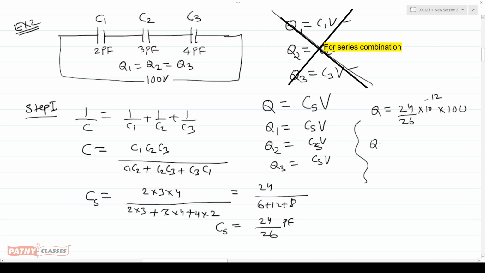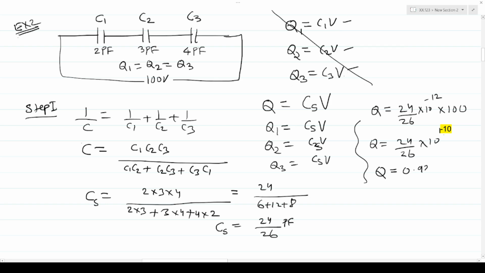So Q equals 24 upon 26 into 10 raised to 10. Therefore, the charge on every capacitor is 0.92 into 10 raised to minus 10 coulombs.